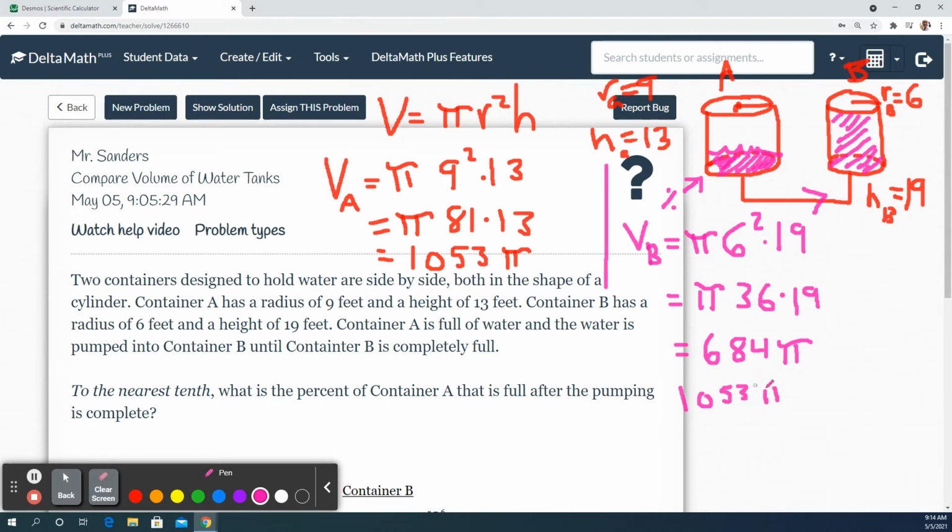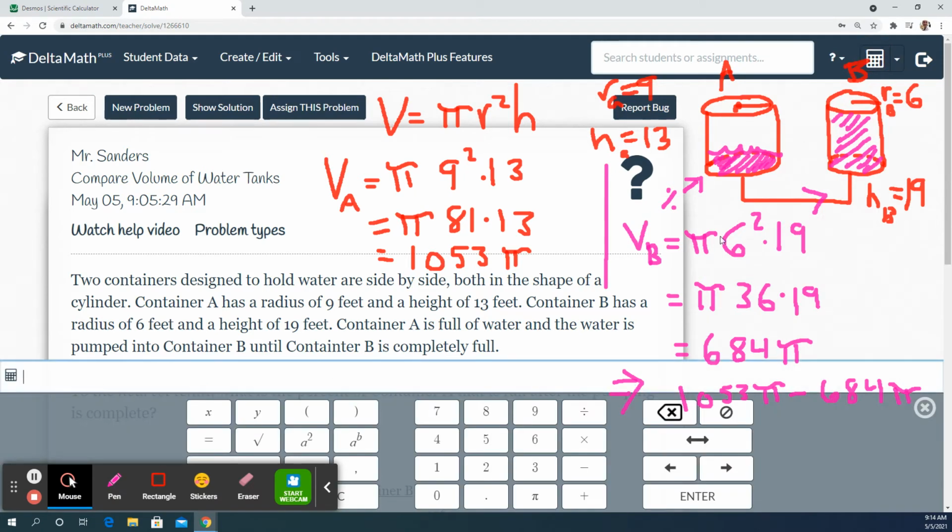So that's 1053 pi. Now we're going into the process of pumping it out, minus the 684 pi, is going to give us what's left. So that's 1053 minus 684. The reason I don't have pi in here is I just put it at the end.